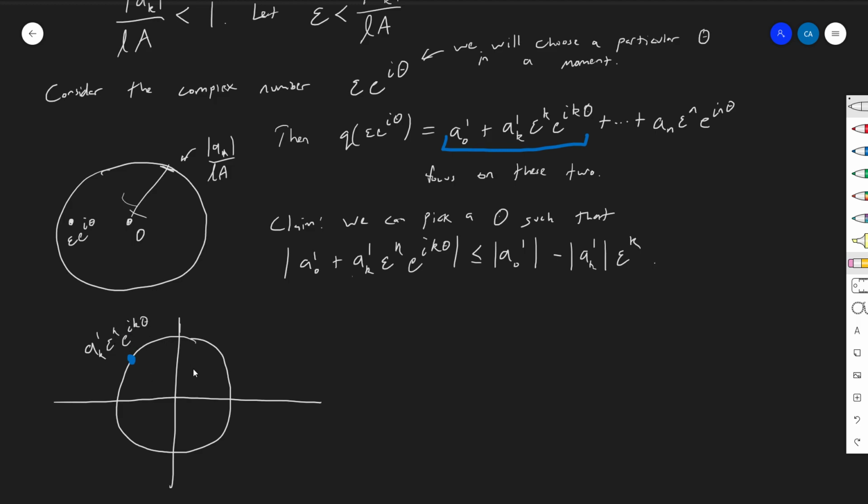So maybe that's my point. And the reason I drew the circle is that by changing theta, I can move around the circle. As I increase theta, I'm going to go around and around and around. It's not a perfect circle, I don't think, because a sub k is not, unless the complex... I think this is an ellipse, but it doesn't matter.